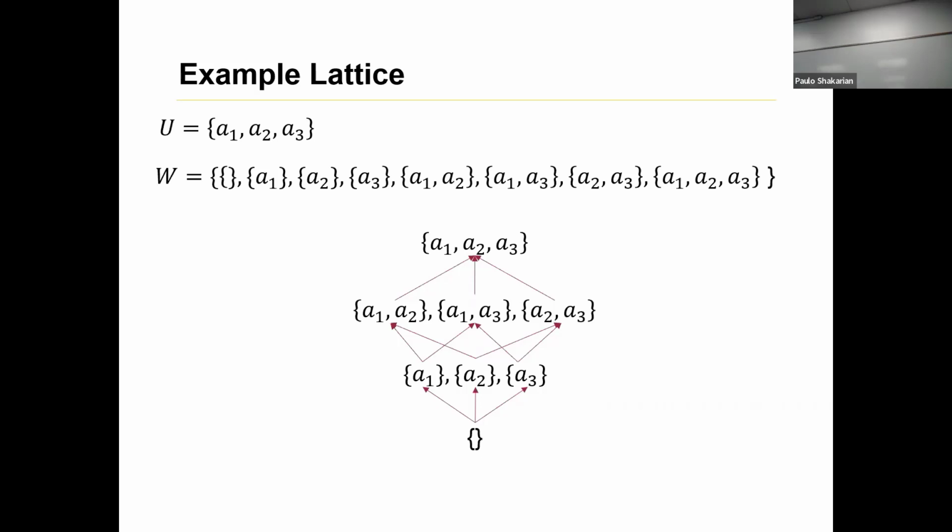Each singleton is a subset of a couple of the sets of two elements, and all of those are subsets of the stuff above. So it is monotonically increasing in size, really easy to understand. We'll get back to this in a moment, but just keep this structure in mind.